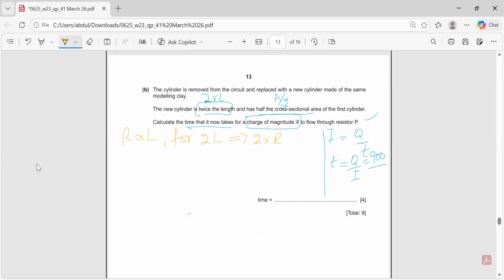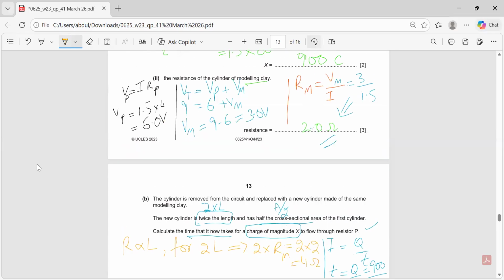Here, first of all, we are talking about the resistance of the modeling clay, Rm. Because modeling clay is reshaped, 2 times 2, so because of length, resistance is doubled. It has become from 2 to 4. This is the resistance of the modeling clay, 2 ohms.